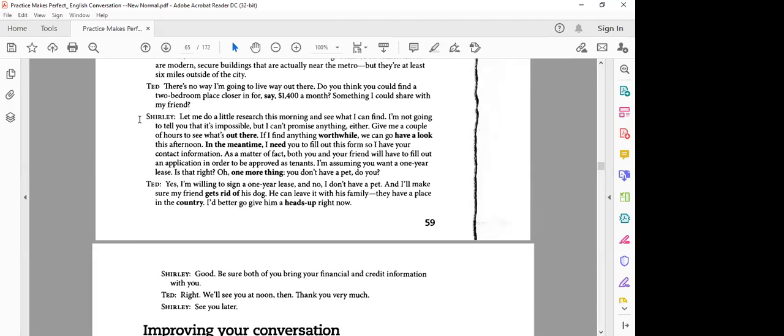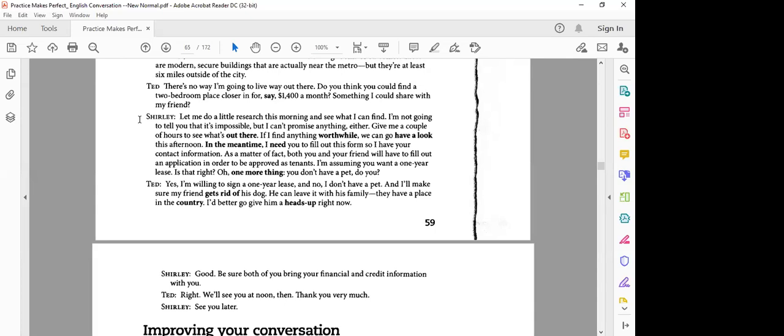Okay. Let me do a little research this morning and see what I can find. I'm not going to tell you that it's impossible, but I can't promise anything either. Give me a couple of hours to see what's out there. If I find anything worthwhile, we can go have a look this afternoon.